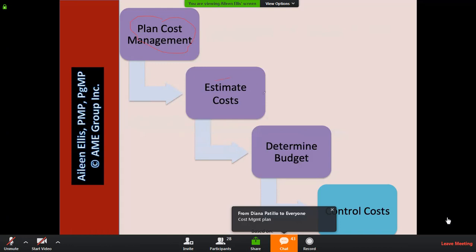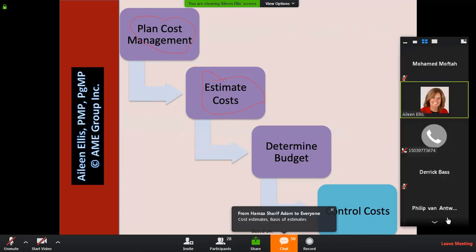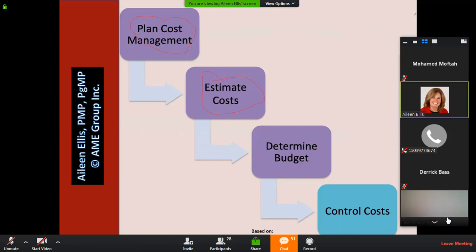And my question is, what's the primary output of estimate costs? Okay, so the cost estimates would be the primary output. Another important output would be the basis of estimates. Great, let's move on to determine budget.